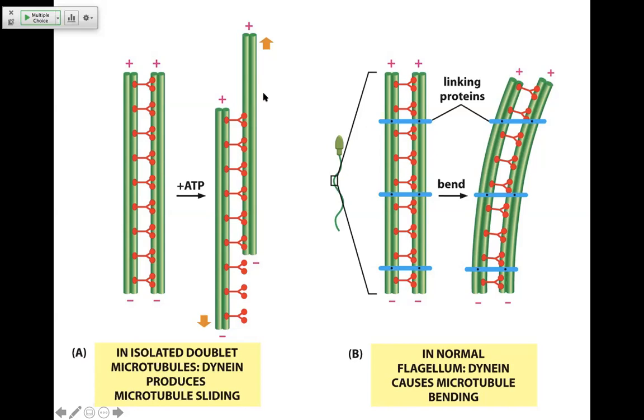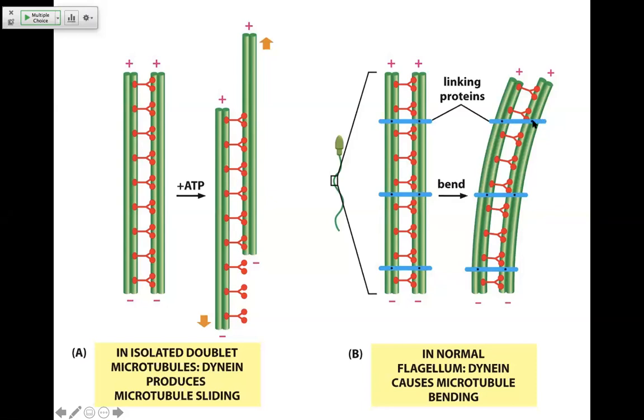But in an actual cell, those two doublets are attached to each other by our nexin linking protein. And so even though a force will be applied in the presence of ATP, where these ATP binding heads will be moving towards the minus end of this right-hand doublet, that force cannot result in sliding because the doublets can't slide relative to each other, and the force is then converted into a bending.